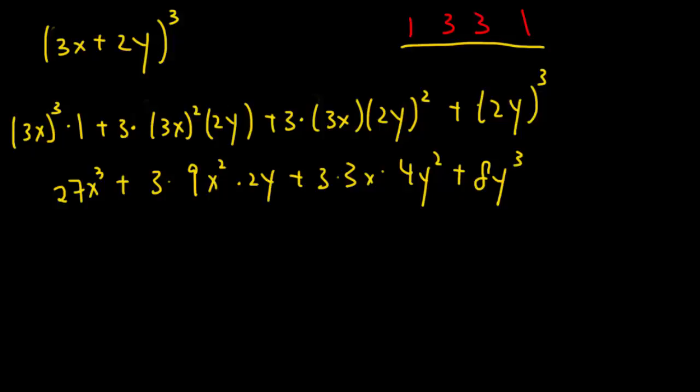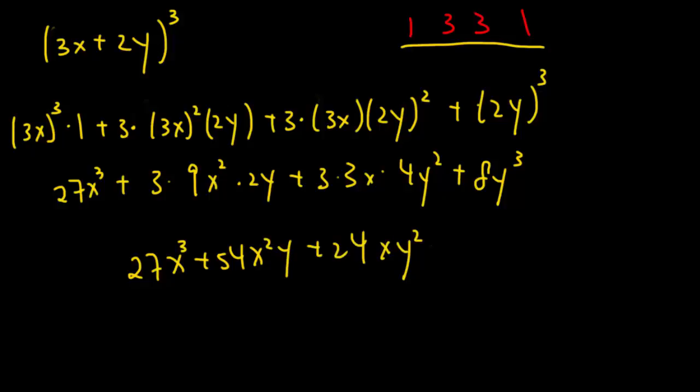Okay, so the final answer is going to be 27x cubed plus 54x squared y plus 24xy squared plus 8y cubed. Okay, now remember, these are my coefficients. See, 1, 3, 3, and then 1.